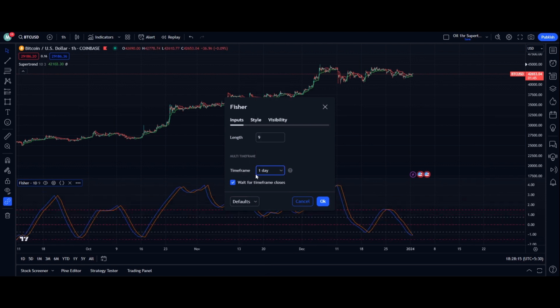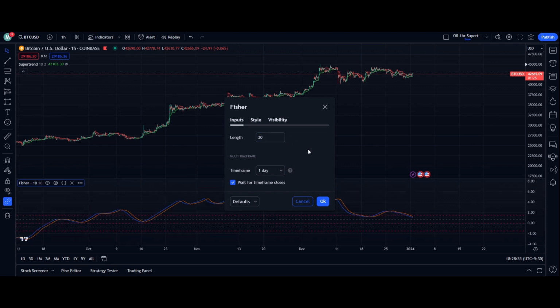If we take the time frame interval to 1 day for Bitcoin or Ethereum, that is going to be 30. But for traditional assets like commodities, gold, and stocks, it's going to be 21, because there are 21, 22 days in a month's time. So we are going to keep that to 21.